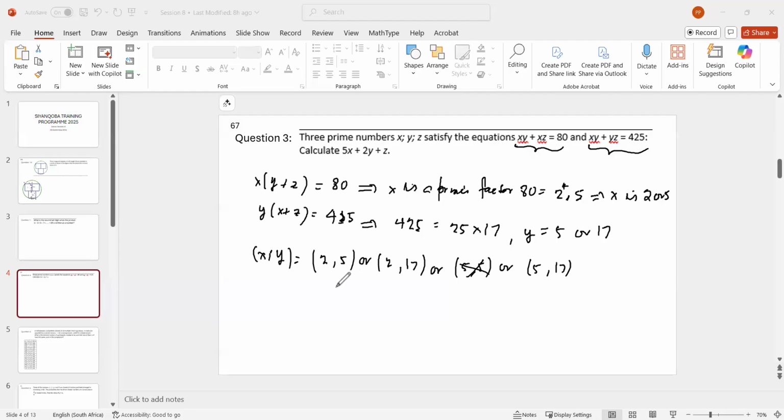For instance, in this case here, if xy is 2, 5, then if I substitute, I get 2 times (5 plus z) equals 80.